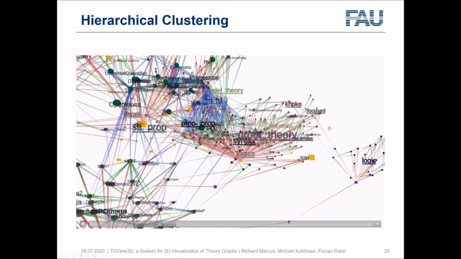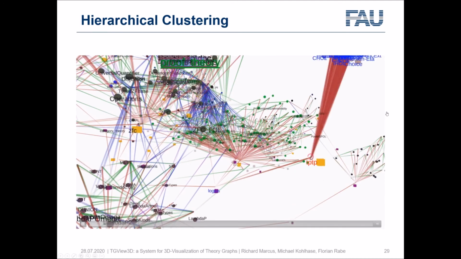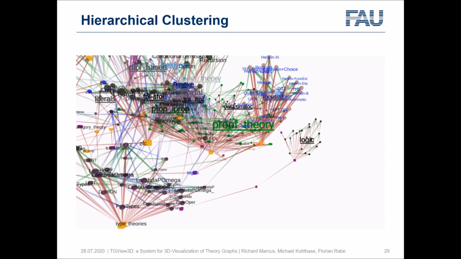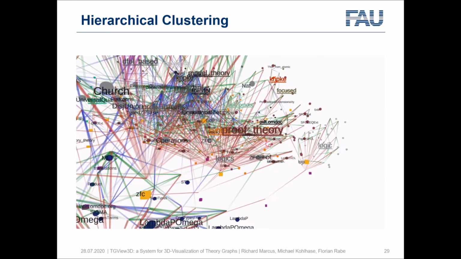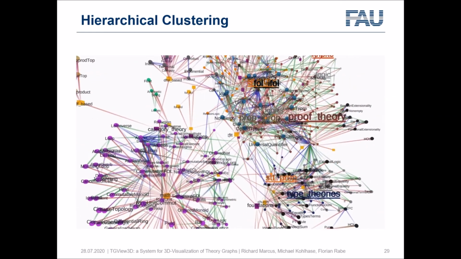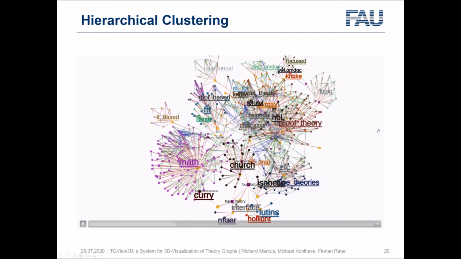Then we are doing something that we call hierarchical clustering. This is different to the methods before, and this actually changes the graph. We collapse nodes into their namespace clusters, and this way reduce the graph complexity.